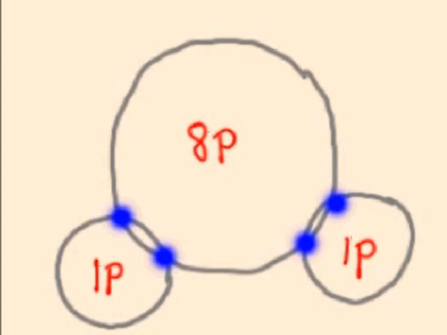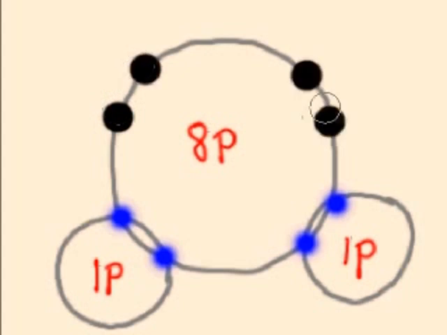Also in the oxygen atom, I'm going to put my other electrons that don't really matter right now. There are other electrons in hydrogen. Those electrons aren't involved in the covalent bonding.